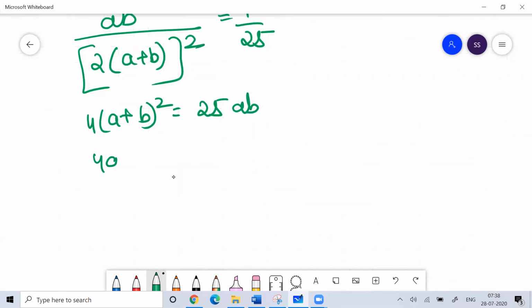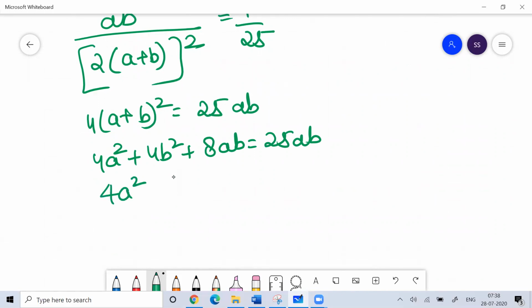Expanding, 4a square plus 4b square plus 8ab is equal to 25ab. So then 4a square minus 17ab plus 4b square is equal to 0.